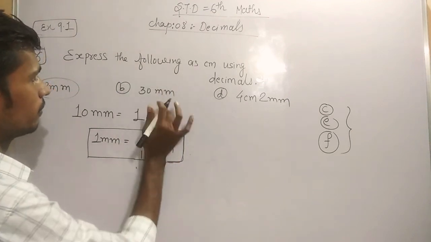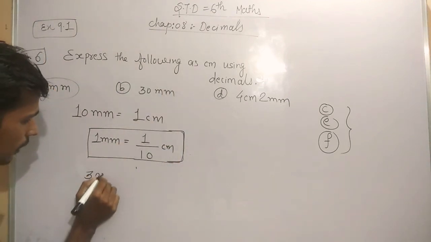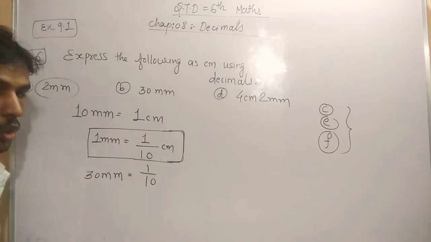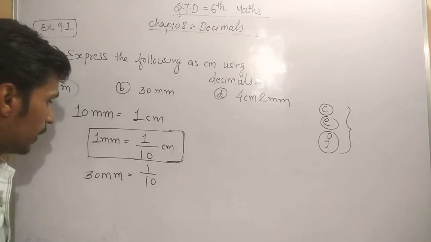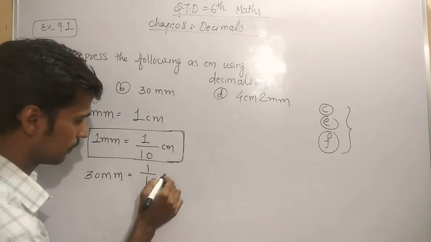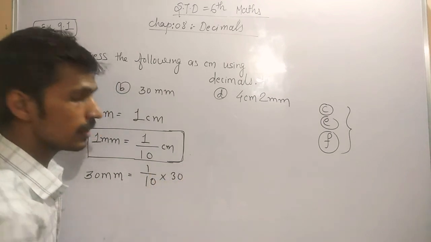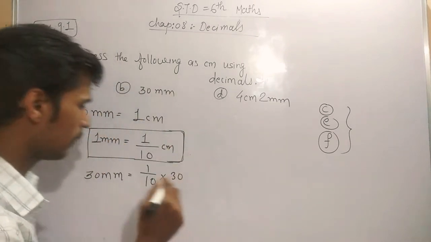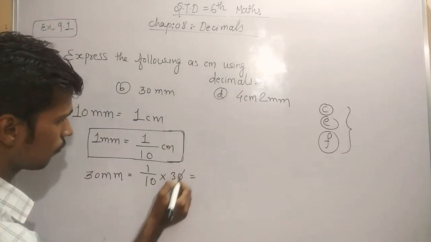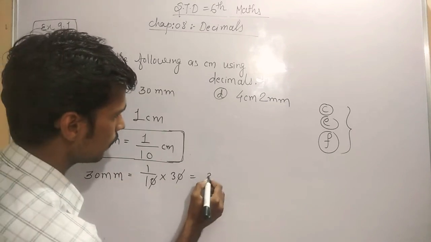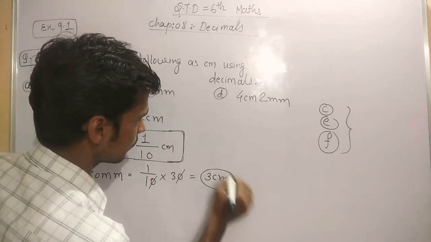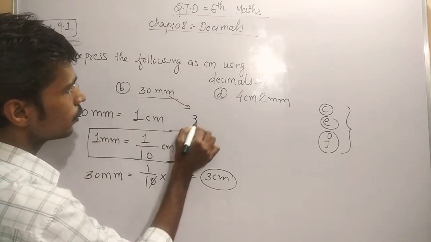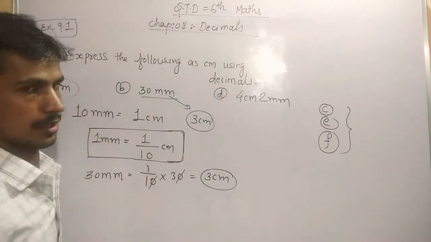Here is 30 mm, so I should multiply 30 into 1 upon 10. Then I can get the 30 mm value in centimeter. So 10 and 10 cancel, and the value will be 3 centimeter. So 30 mm equal to 3 centimeter.